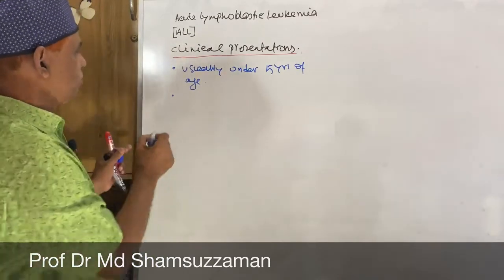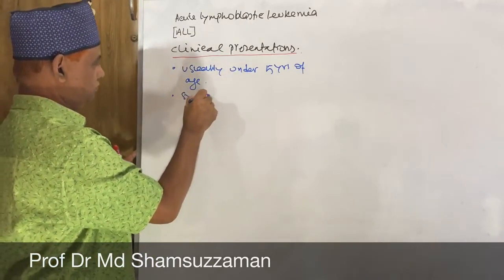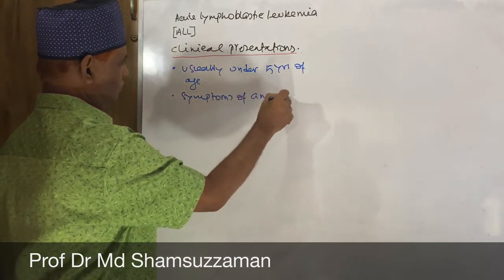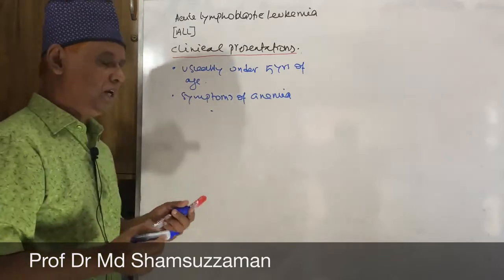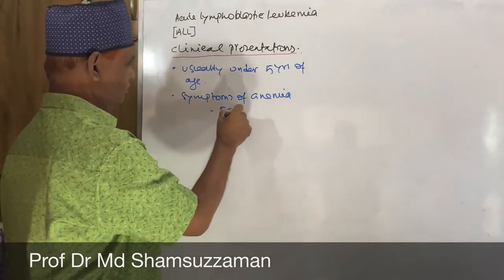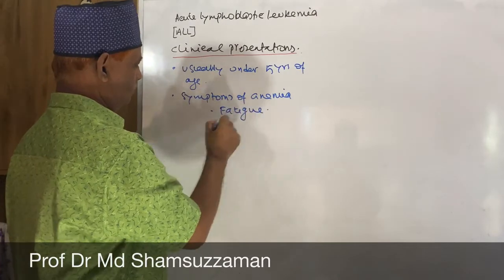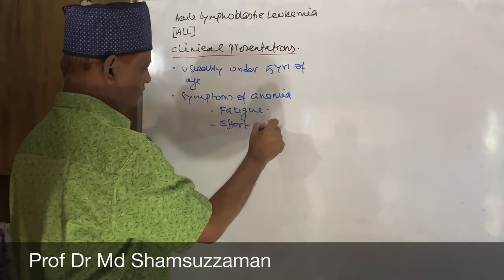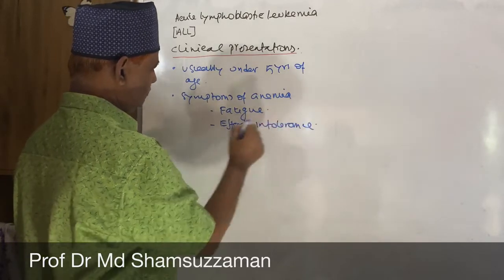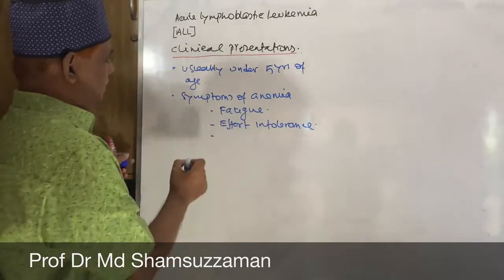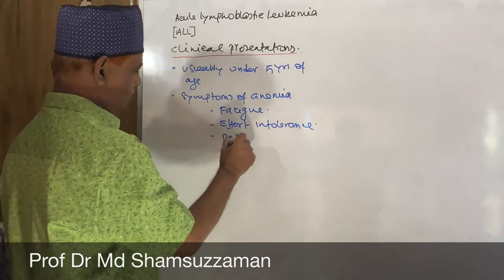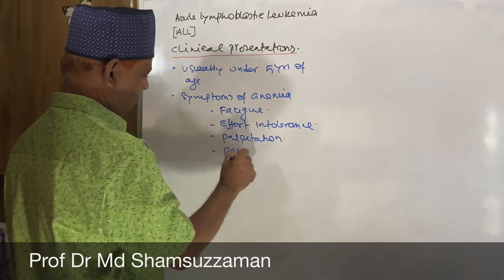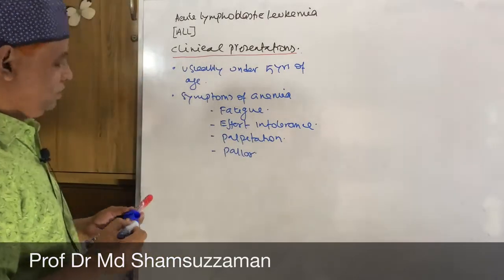Then symptoms of anemia, like fatigue, effort intolerance, then palpitation, pallor. So these are the symptoms of anemia.